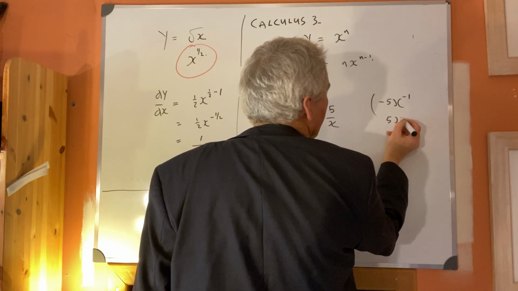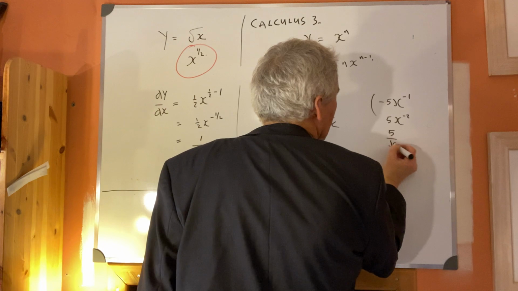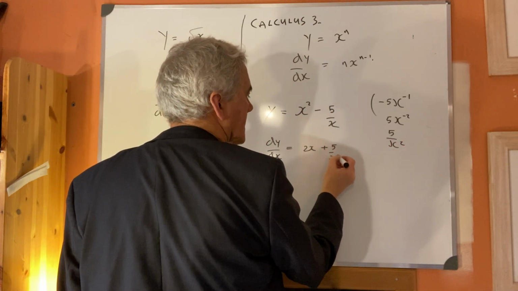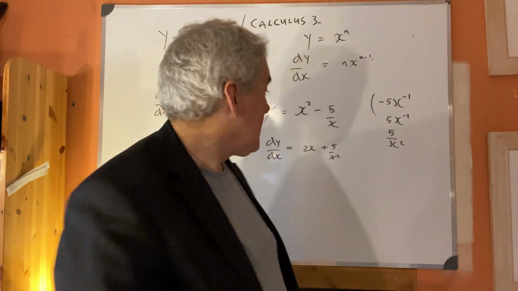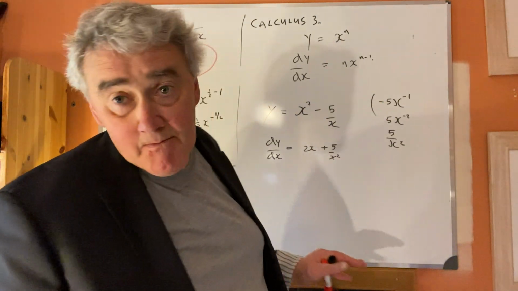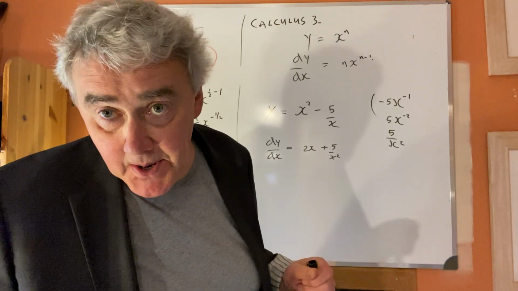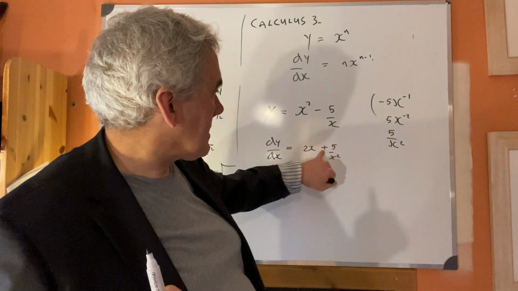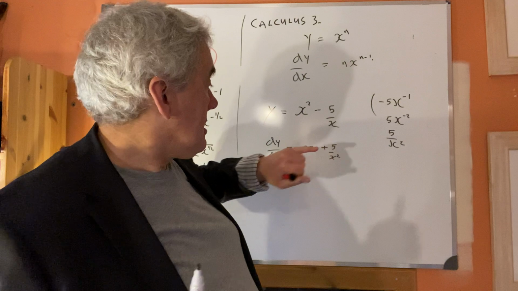That gives us 5x to the minus 2, which is 5 over x squared. So plus 5 over x squared. Because there's a minus or a plus between the items here, we simply differentiate each item in turn, and hold on to the minus and plus signs as I have done here. This minus has actually become a plus in the process.